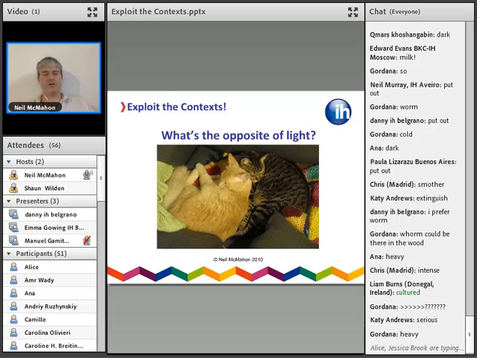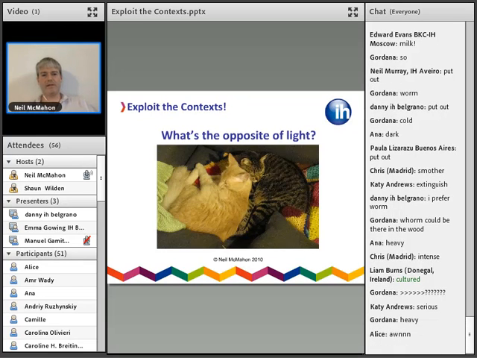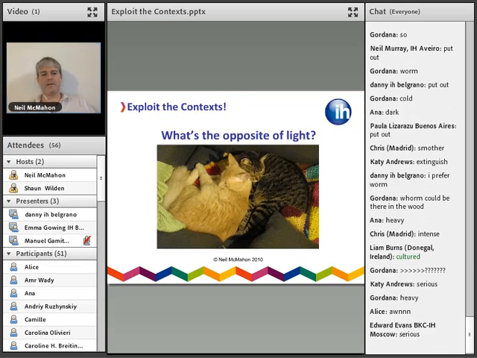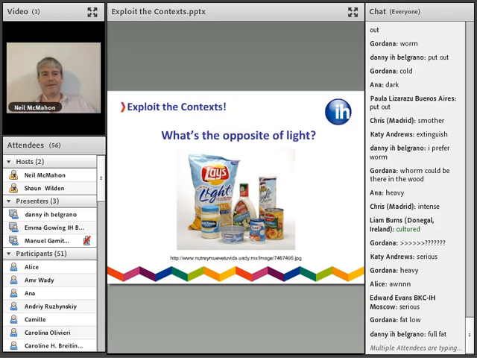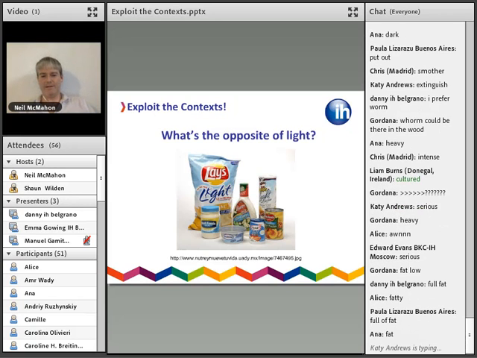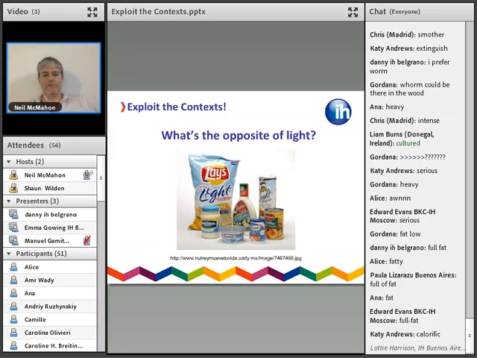For example, what's the opposite of light in this context? And this is a fire created by me. So I lit this fire, and then what did I do when it got out of hand and it nearly burnt down the cabaña I was staying in? We put it out, exactly. So we have light a fire, put out a fire, or extinguish a fire, if you're being more formal.